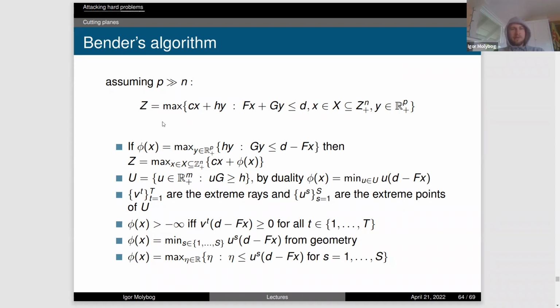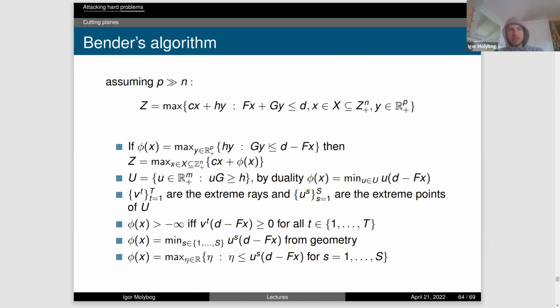Let us introduce a new function phi, defined over all the possible values of x. Actually, not even necessarily integer values of the components of x, essentially it can be defined for any vector x. How is it going to be defined? It's going to be the maximum over all of the vectors y of hy, subject to Gy being less than or equal to d minus Fx.